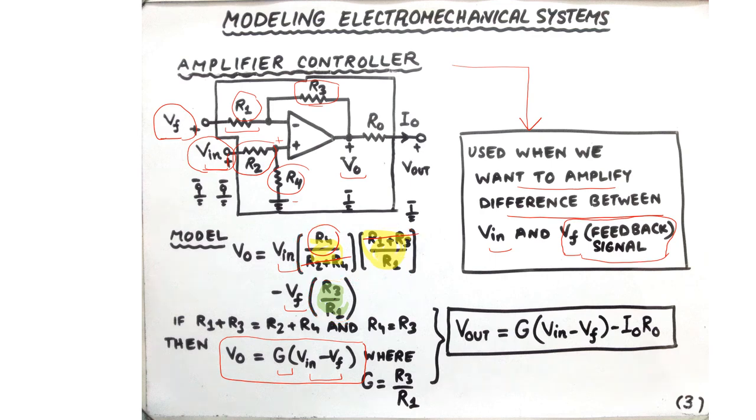However, imposing another condition saying if R4 equals R3, then the two coefficients become the same. In this case, G will be equal to R3 over R1, which is the same as R4 over R1.